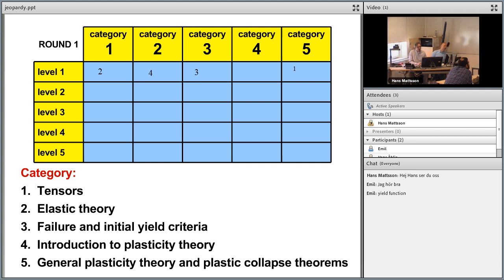Is that correct? You choose, it's not me. But wherever there's a number standing, it's the group that has taken it, and you can just choose the same category once, each group. So it could be a little bit tactical here also. You choose.